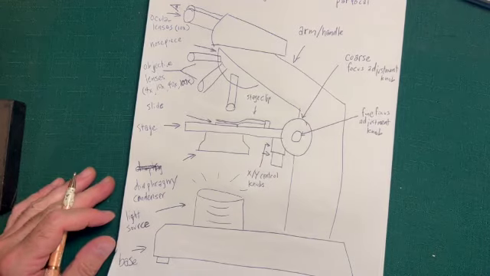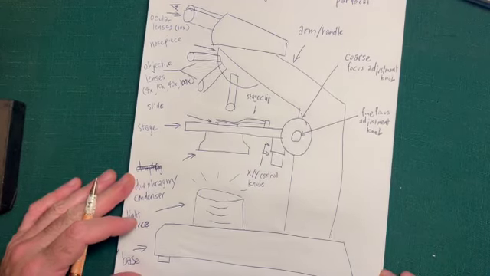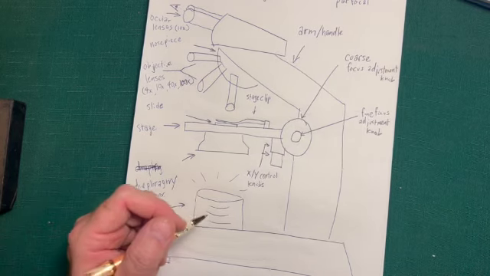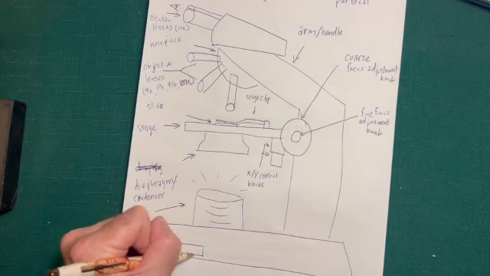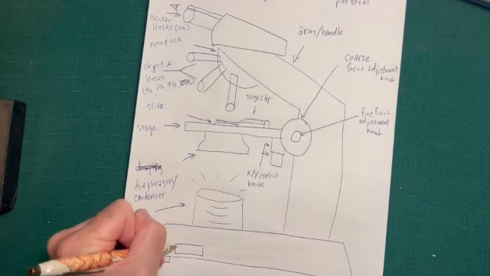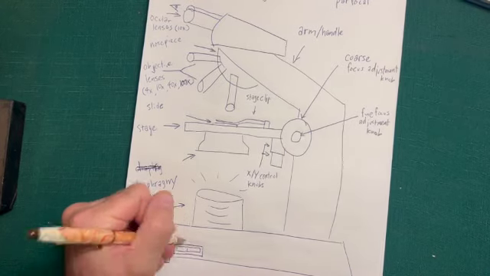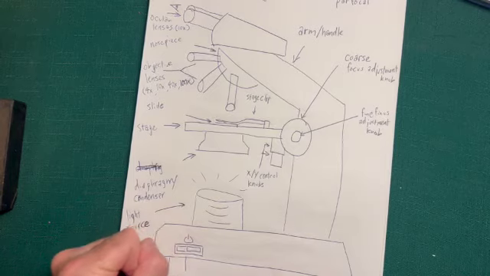It should rest securely, so whenever you touch the microscope or bump into it, you're not jiggling around, running the risk of damaging anything, having it rock back and forth. Okay, typically this is where we're going to find our on-off switch.